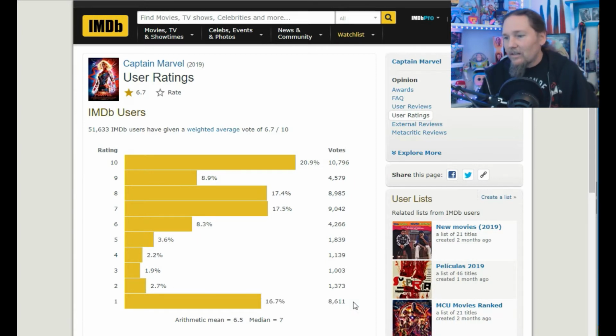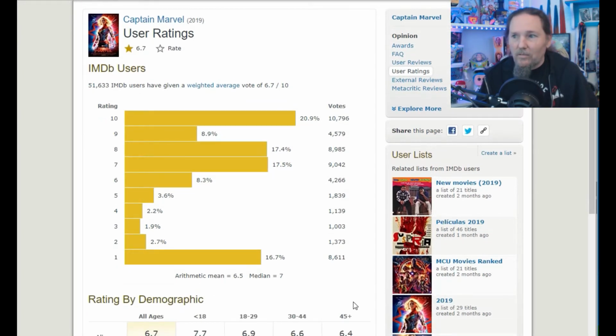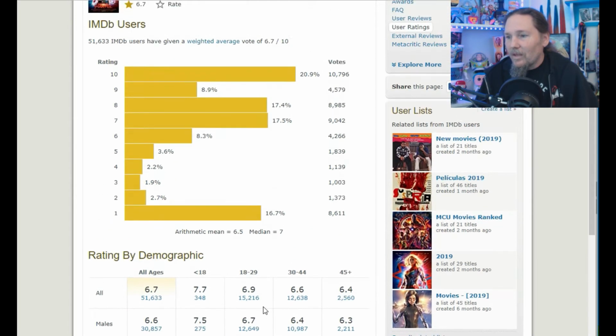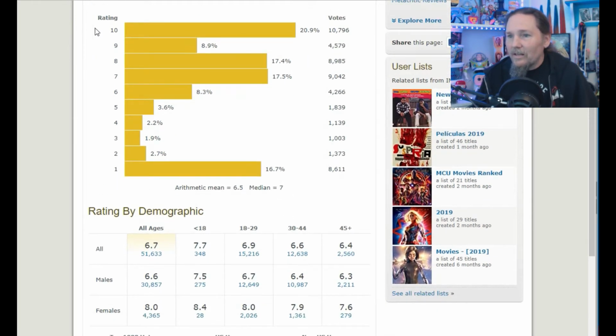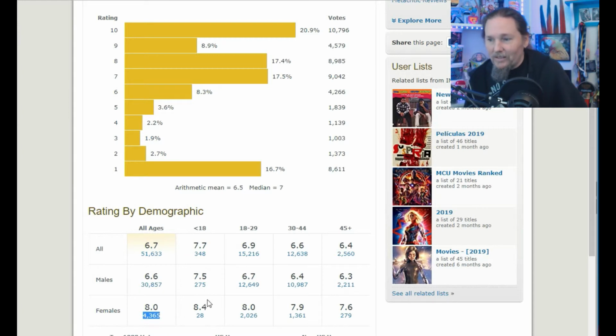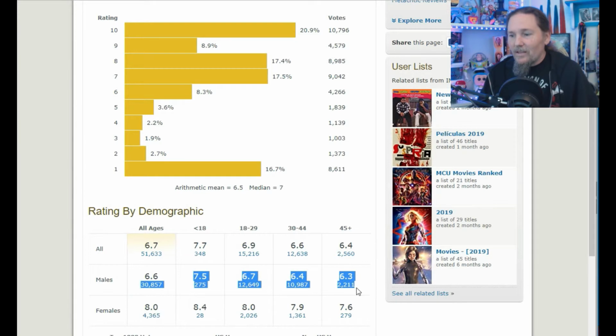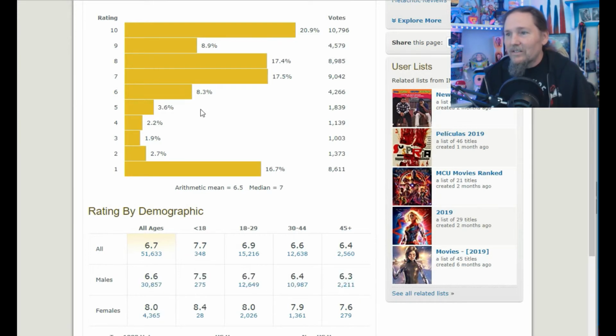So this here on IMDb, these numbers just are blown out. This is not even real. And if you're going to say that these 10,000 are all women voting, it can't be, because there's only 4,300 women that have been voting. So a lot of those have to be men voting that it's high.